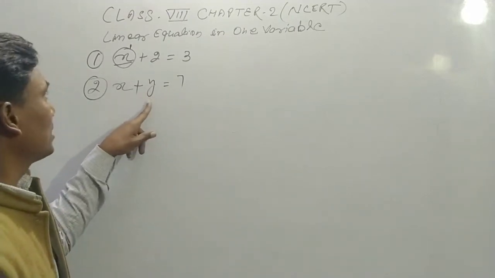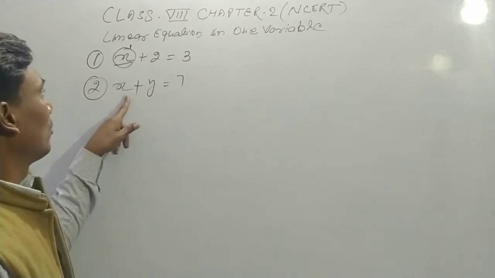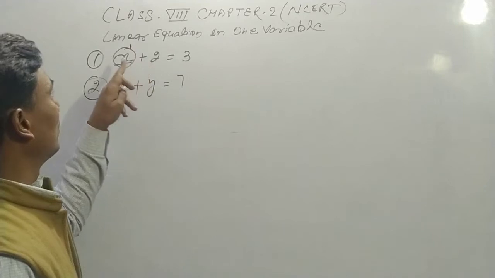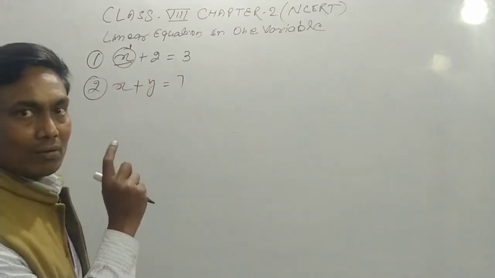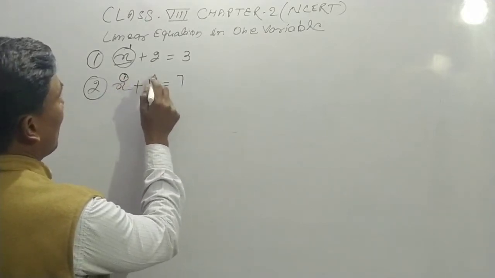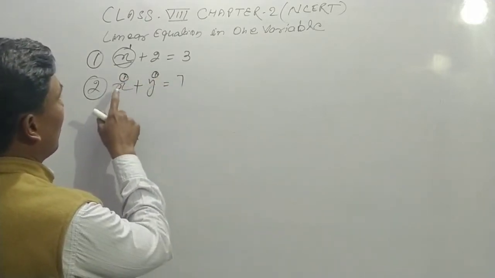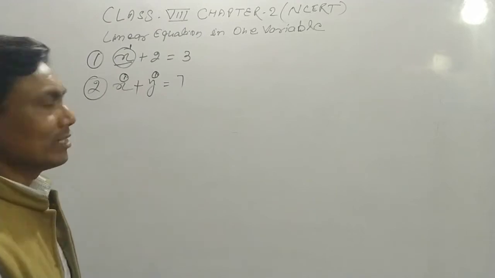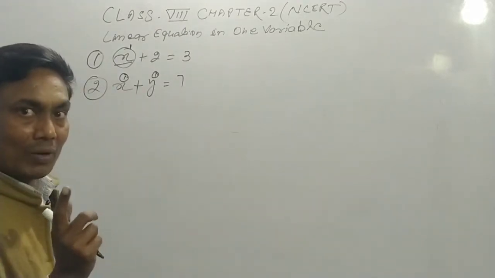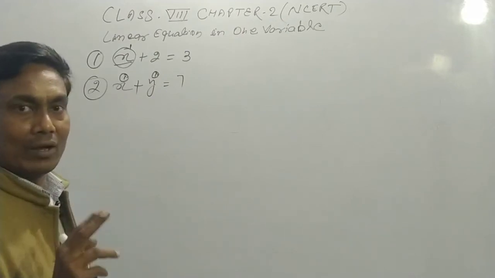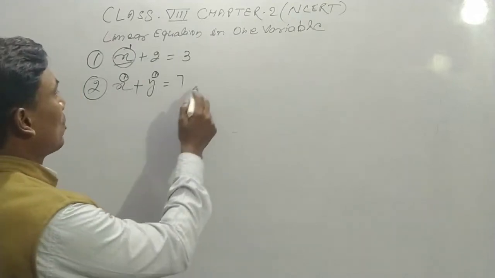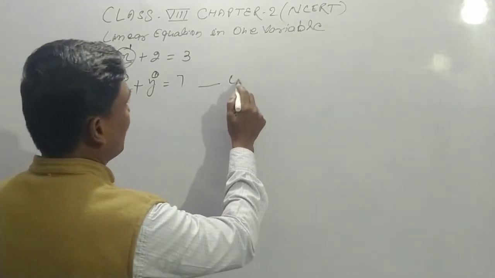And the highest power of the exponent here is 1 and here is also 1. When the highest power of the exponent is 1, the equation is called a linear equation. It's also a linear equation.